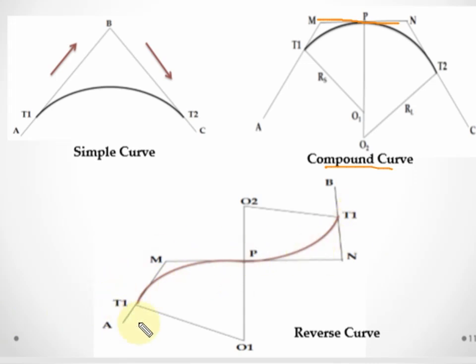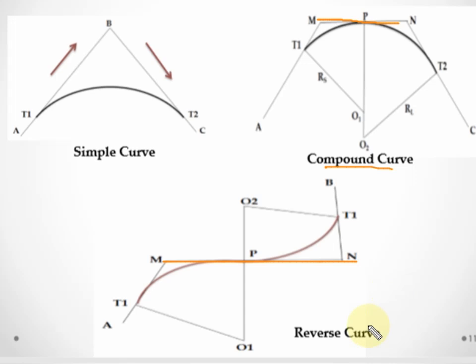This curve has the same radius or different radius but in opposite directions with a common tangent. MN is the common tangent. It is called a reverse curve. Both radii are in opposite directions, with equal or unequal radius. This type of curve is called a reverse curve.